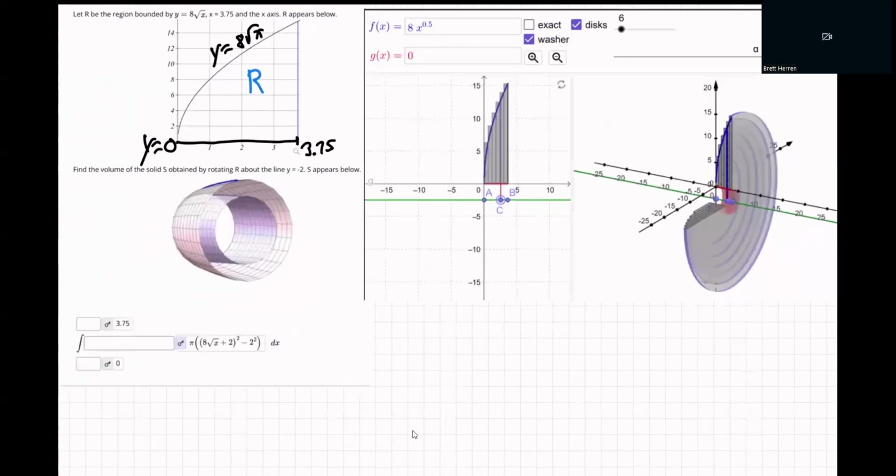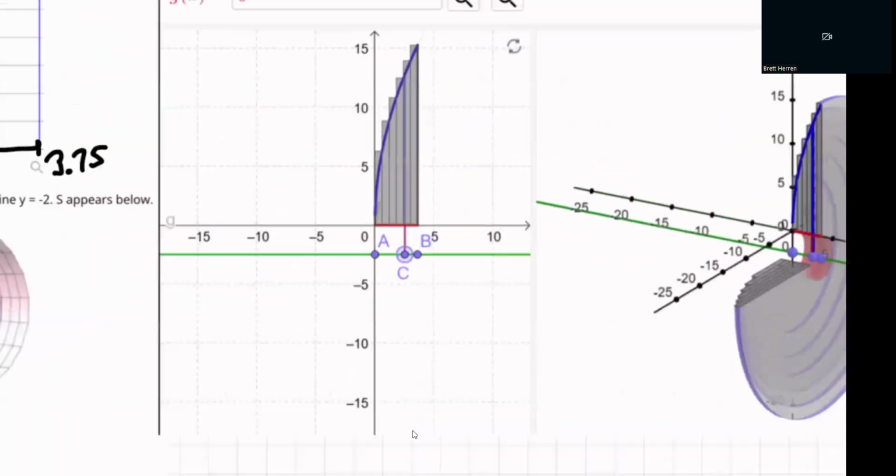So it's going to rotate about that line. So here's the line, y equals -2. Let me show you what it's going to look like. Let me be a little helpful here. It's going to go to about 15 to 17, something like that.